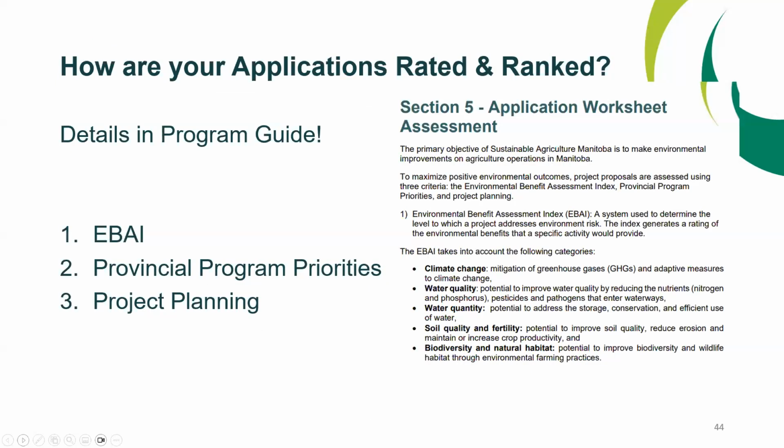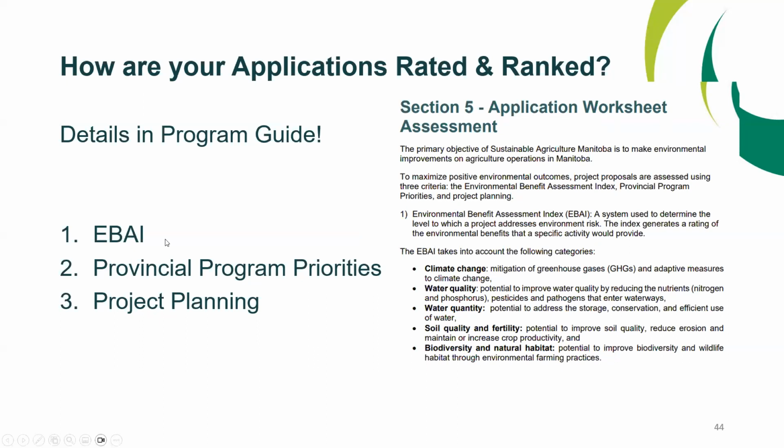So how are the applications being rated and ranked? All the details on this are in the program guide, but I'll just go over a little bit of the criteria here today. We basically look at 3 different areas when we receive an application, or I guess the review team does.